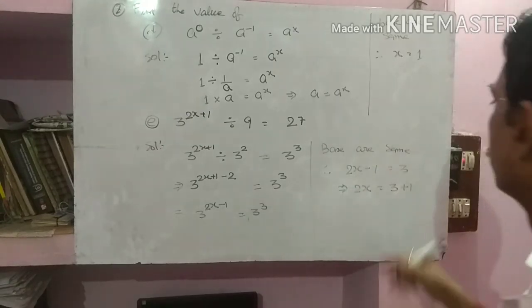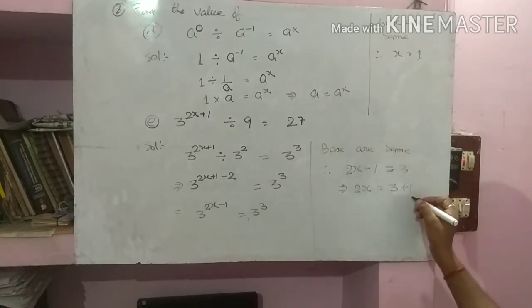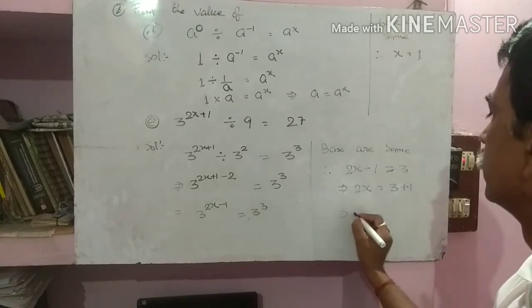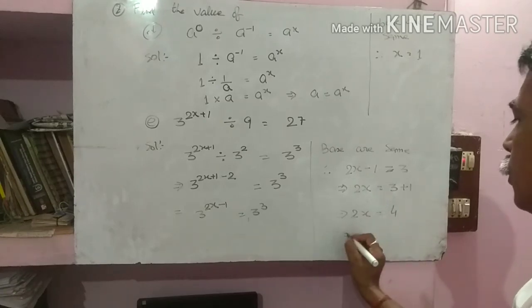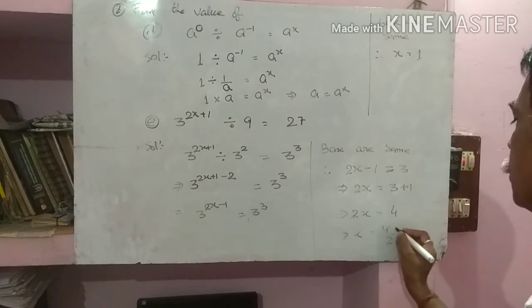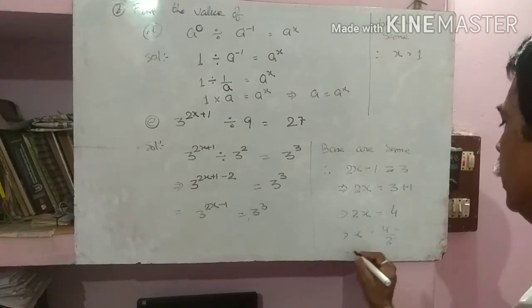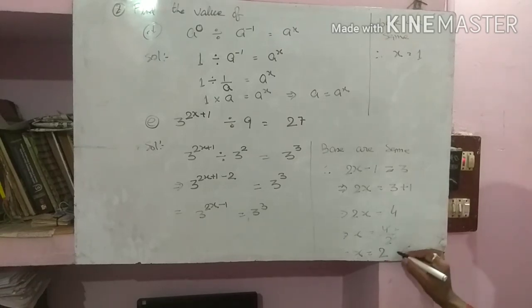The 1 is going to the other side of the equal sign, so the sign will be changed. So it becomes plus. So 2x is equal to 4. So x is equal to 4 by 2. This is 2 twos are 4. Then finally x is equal to 2. This is the correct answer. Okay, write this one also.